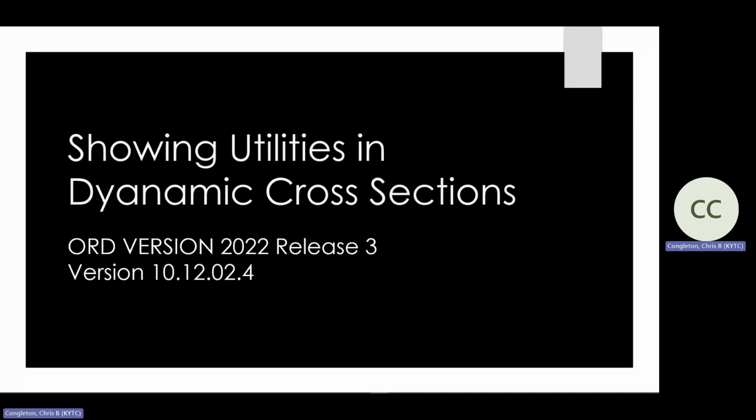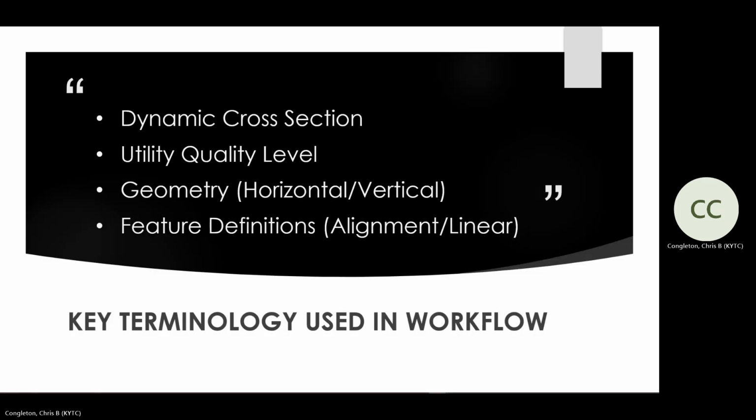Today, we're going to be discussing showing utilities in dynamic cross sections. We're going to be using some terminology that should be familiar. We're talking about dynamic cross sections, not actual cross sections.